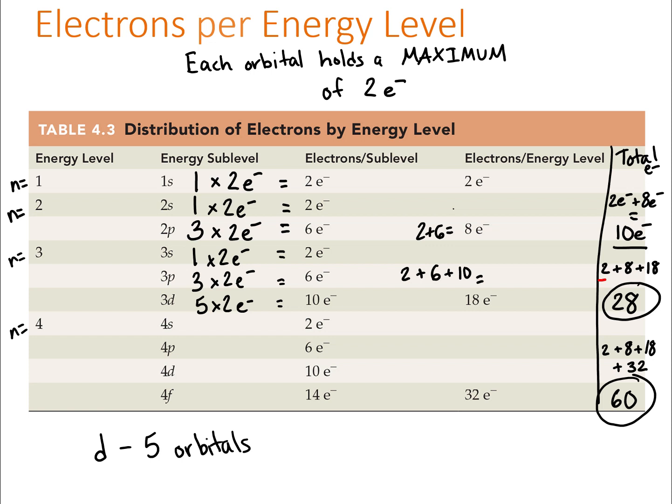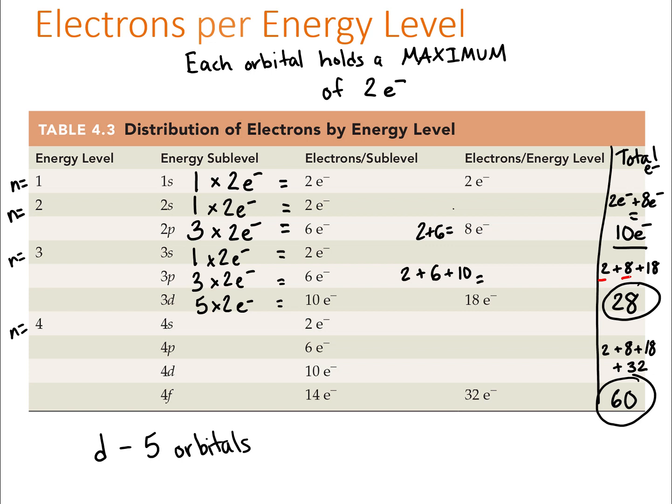In the 2s, I can hold another 2. In the 2p, I can hold 6. That totals 8. So that's my n equals 2. N equals 3, I've got the s, p, and d sublevels. All of those 3 combined give me 18 electrons in the n equals 3, the main energy level.